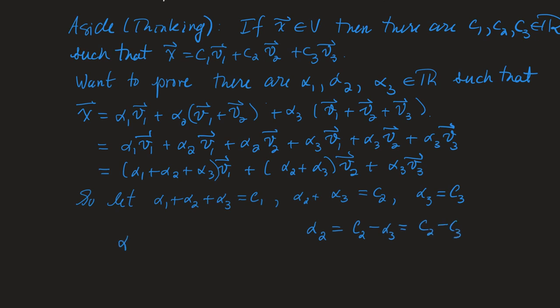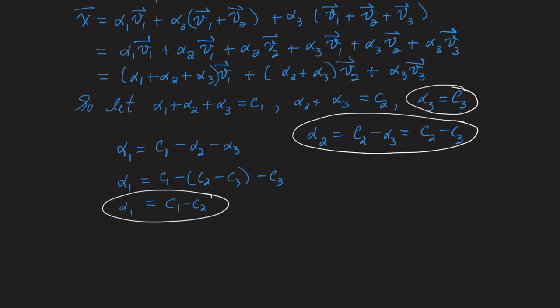And alpha 1 is going to be C1 minus alpha 2 minus alpha 3. I've simplified. So if I let alpha 1 be C1 minus C2, alpha 2 be C2 minus C3, and alpha 3 be C3, that will give me the correct linear combination.